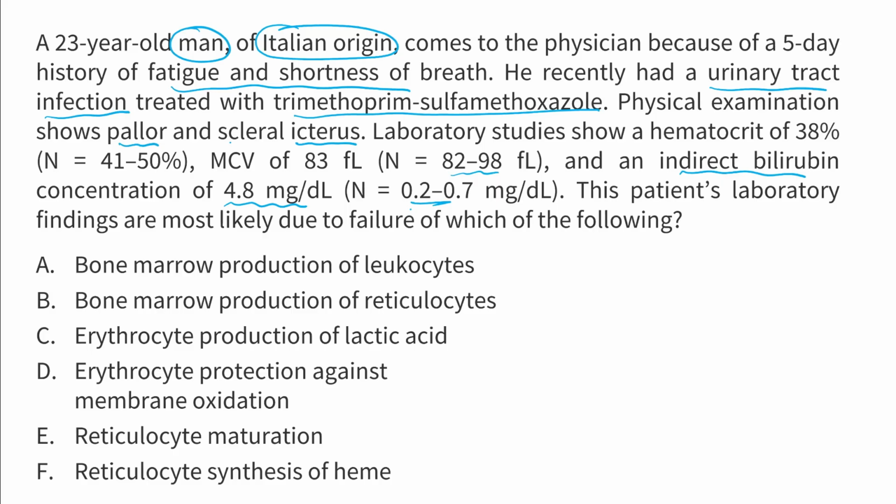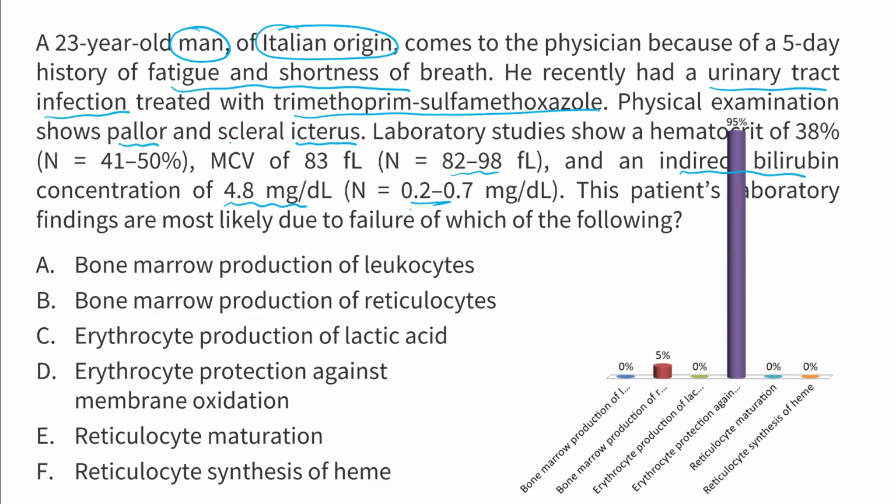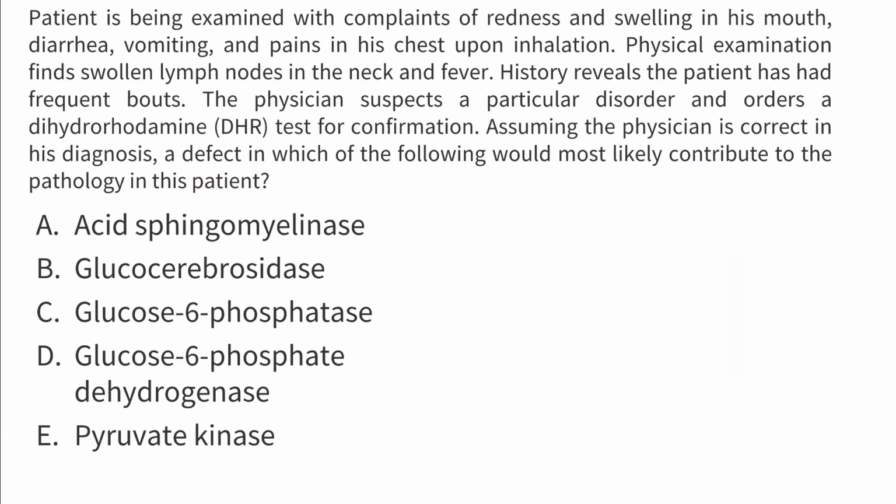So erythrocyte protection against membrane oxidation is what is affected in this patient. So most likely due to the failure of which of the following: failure to protect red blood cells. That should be your answer. Okay, that's how we will go towards the answer.